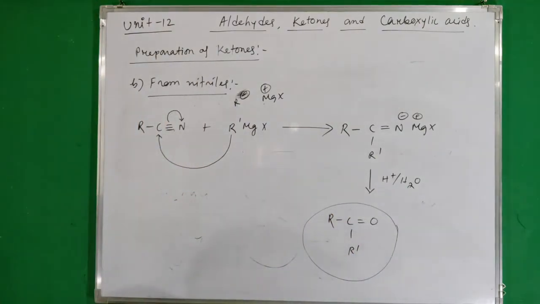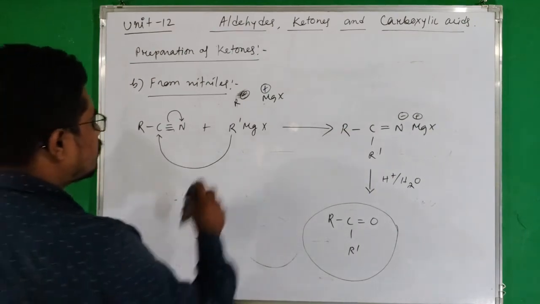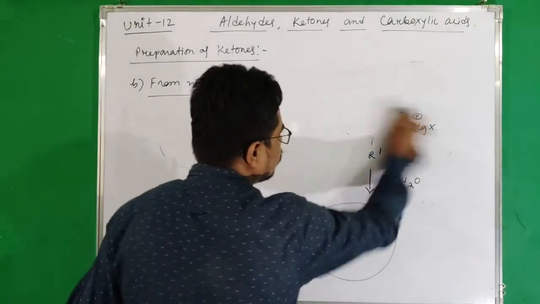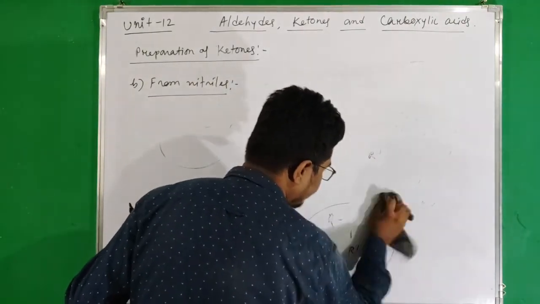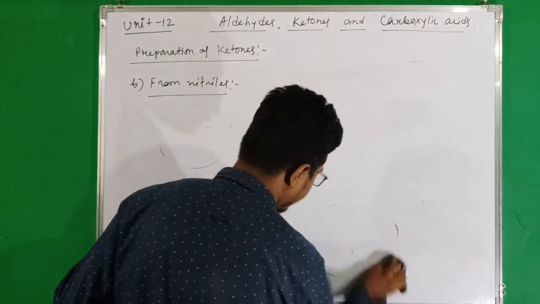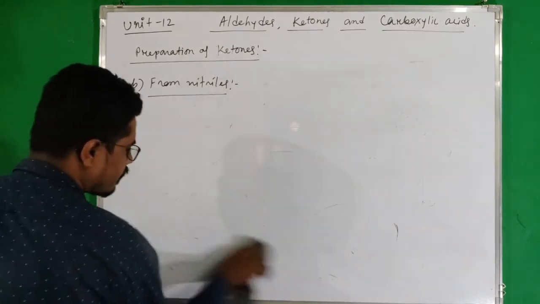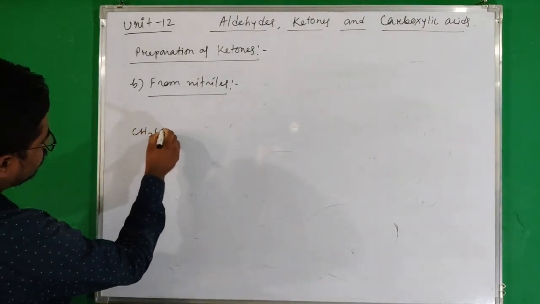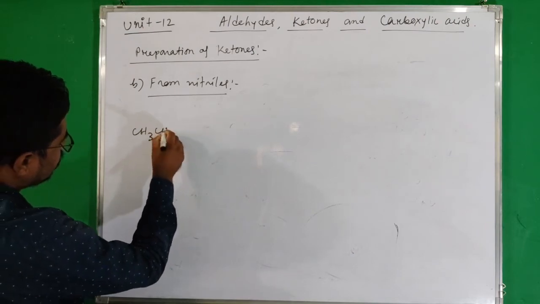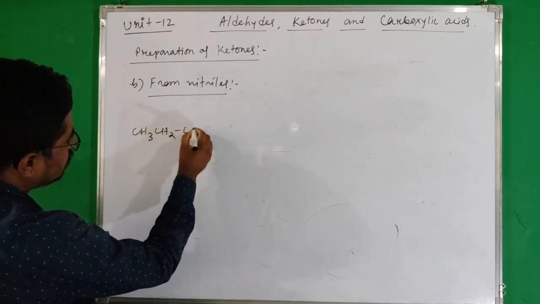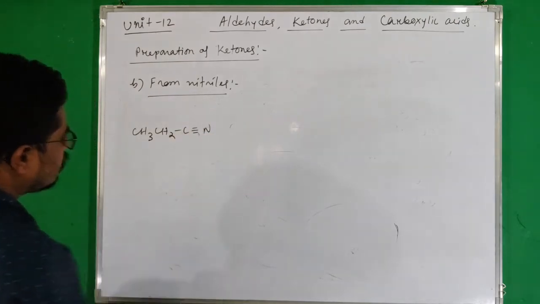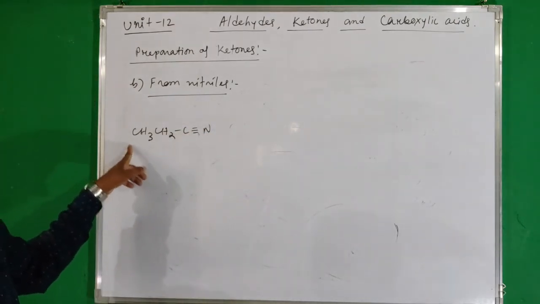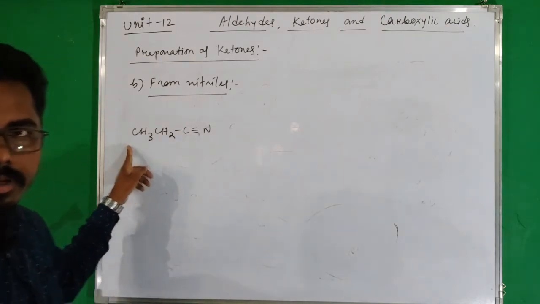For example, suppose we have this compound CH3CH2C≡N. Propane nitrile. There are 3 carbons in this compound, therefore the name of this compound is propane nitrile.